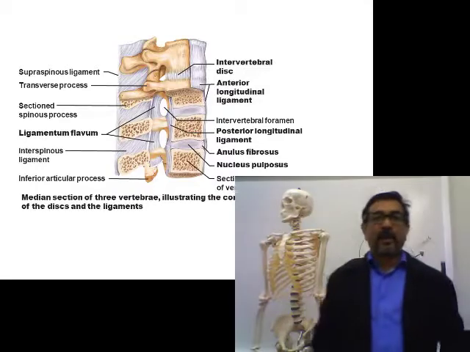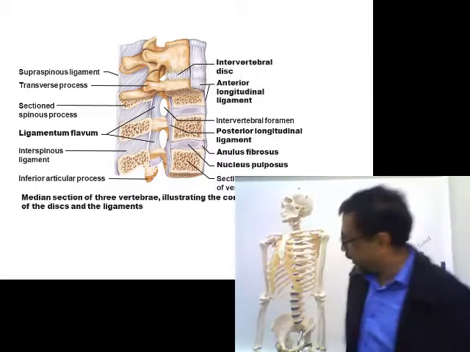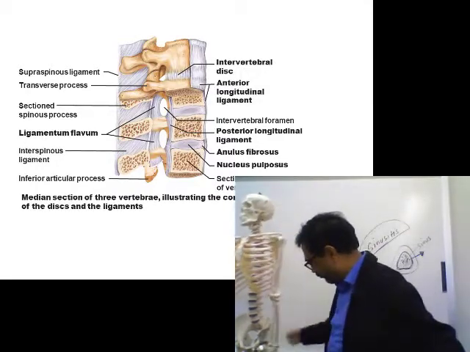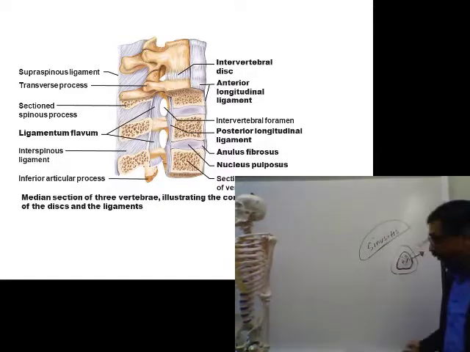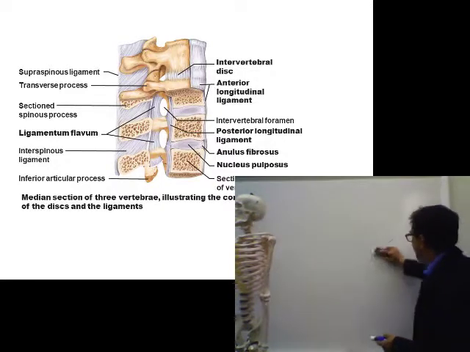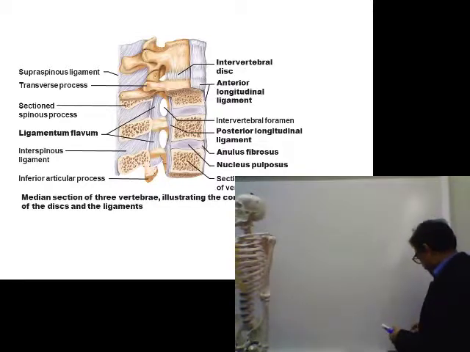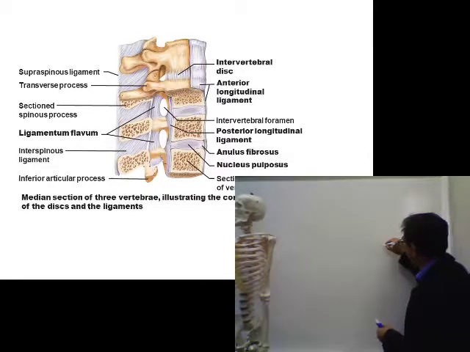And if you see an intervertebral disc, it has two parts, inner part and outer part. So this is the intervertebral disc, inner part and outer part.